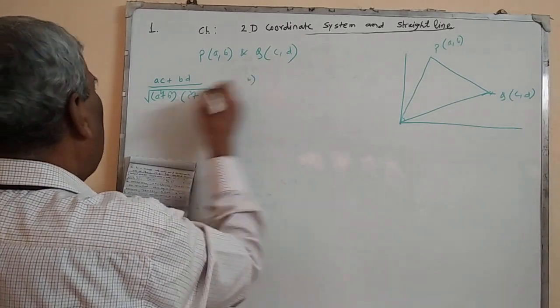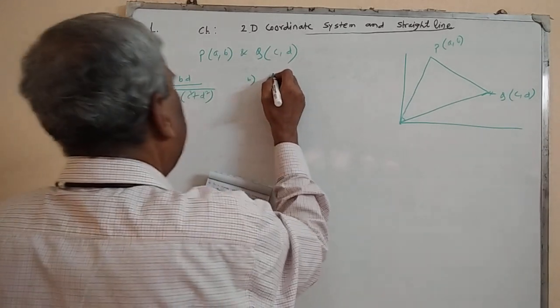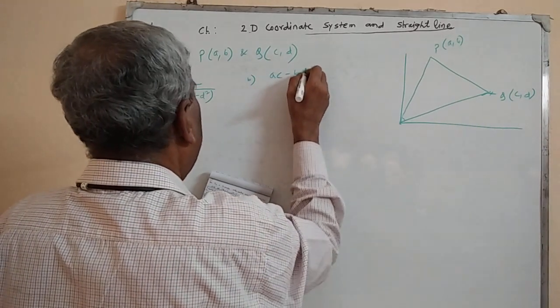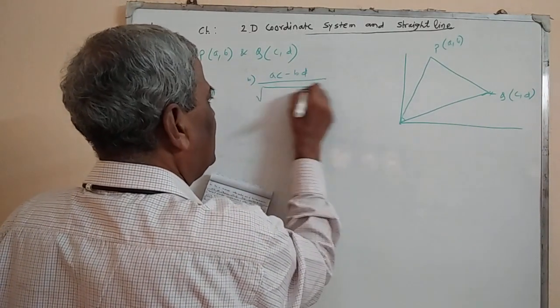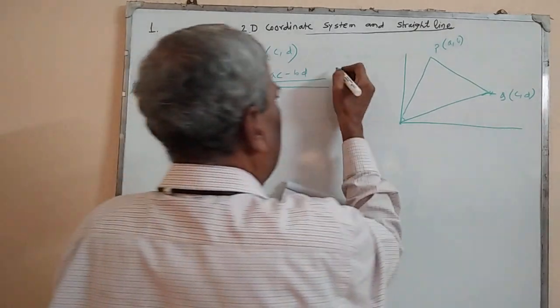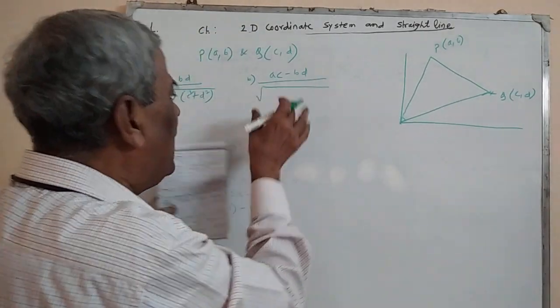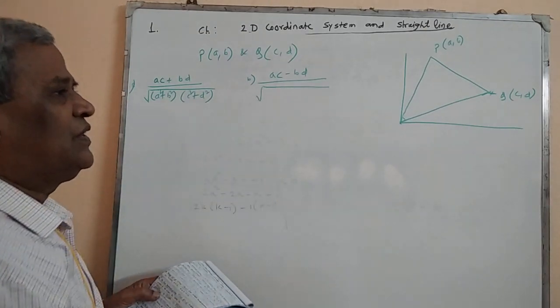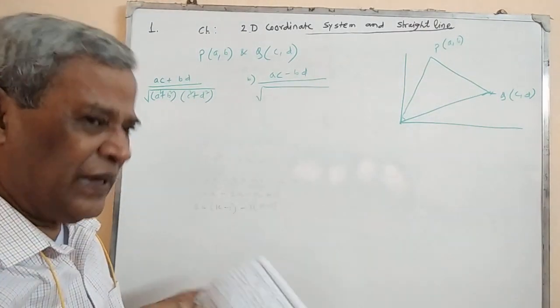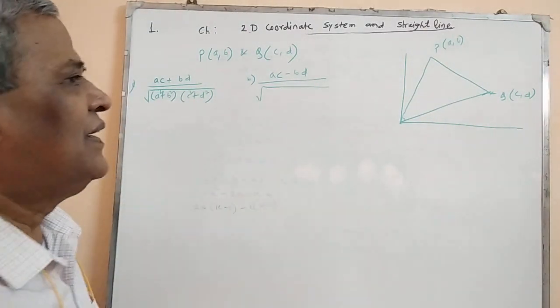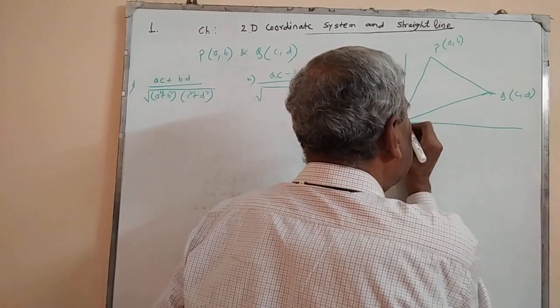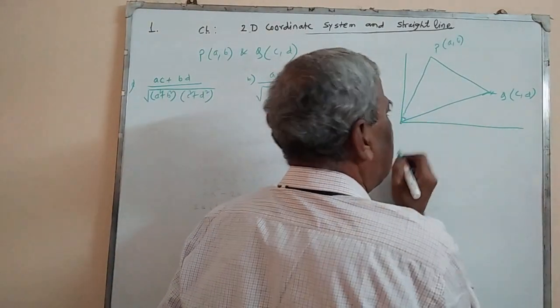Option B, (AC minus BD) by the same thing. There are two more options, C and D. I first calculate what the answer is, then I can match. So you see this angle is theta.